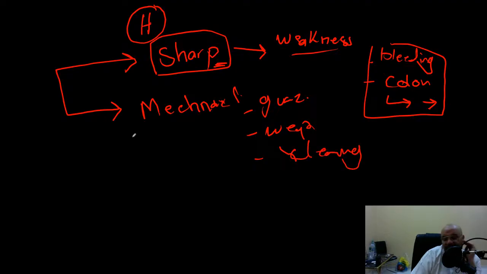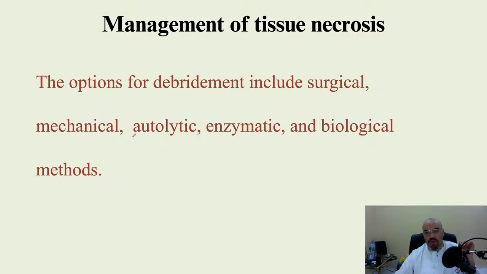When it comes to the wounds, we make a scratch on the wounds. In this way, we just use normal saline and dressings and make the scratch, so the mechanical debridement happens.